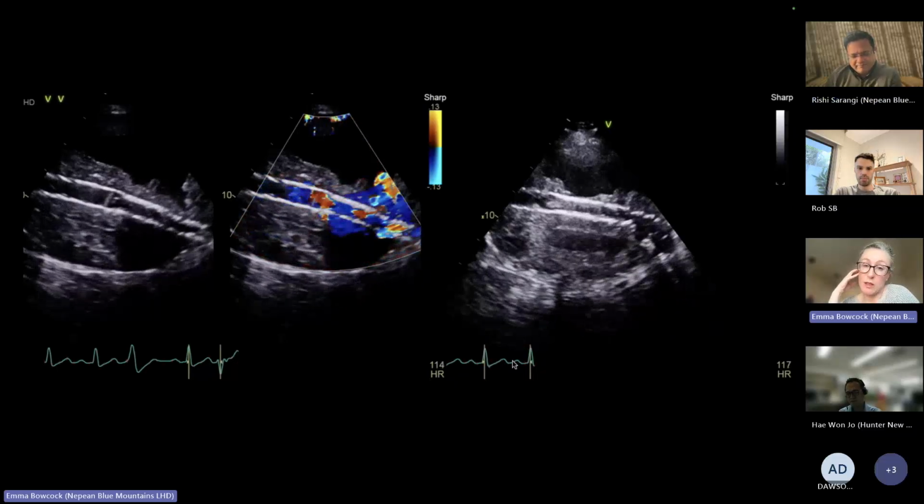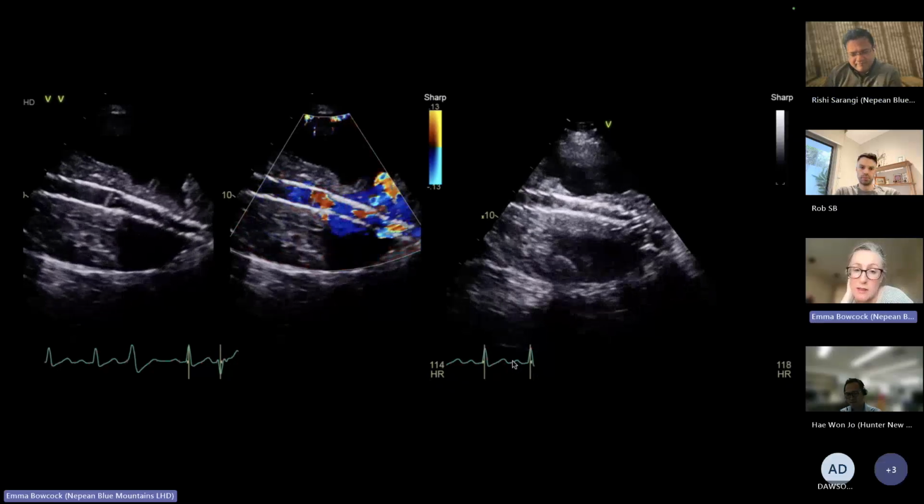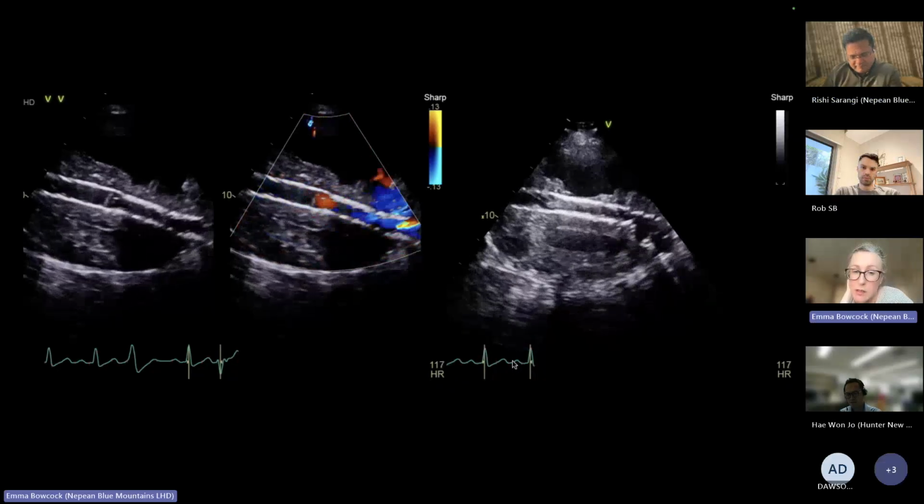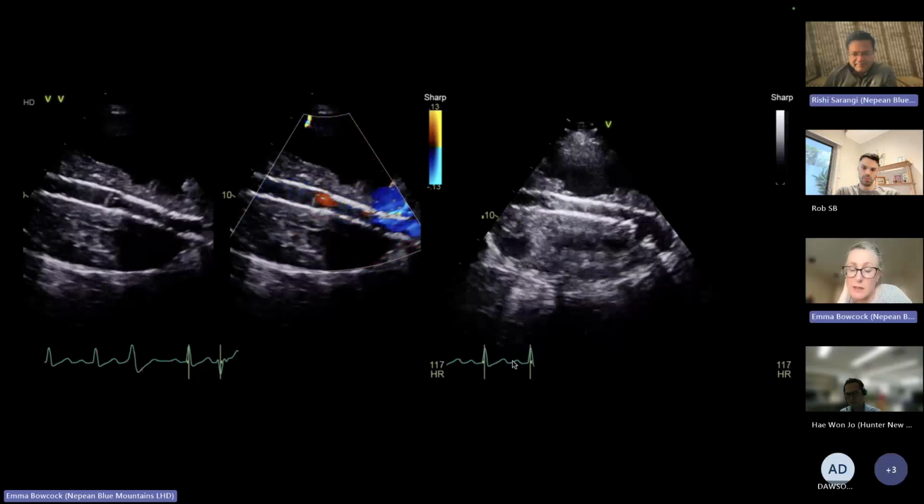With velocities that low, you need some spectral Doppler and some clinical context as well. So always make sure you look at the scale, and it needs to make sense physiologically.